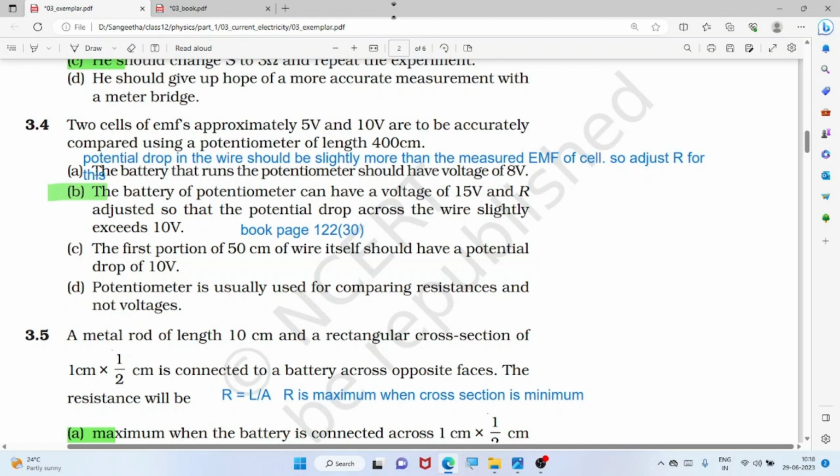If you are comparing these two voltages, the 10 volts, then the potential drop across the potentiometer wire should be slightly more than 10 volts. So we have to adjust the variable resistance for this. The battery of the potentiometer can have 15 volts. R should be adjusted so the potential difference across the wire is slightly more. So this is the correct answer.